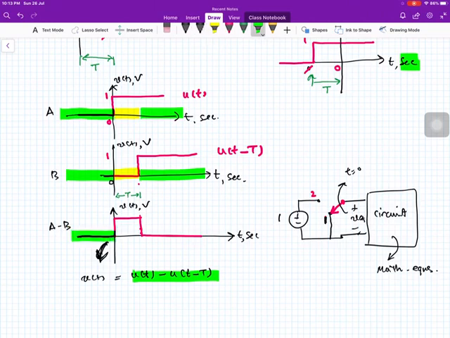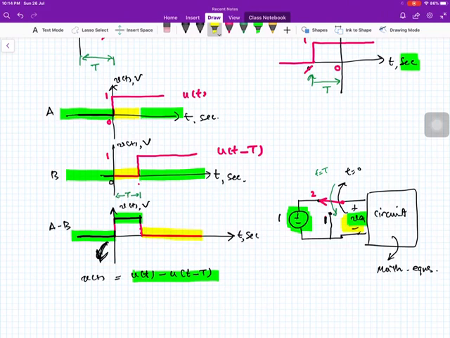In position 2, you will see that VA is equal to 1 volt. Now again, at t equal to T seconds, we move the switch from position 2 to position 1 again, and in this position VA is again 0.